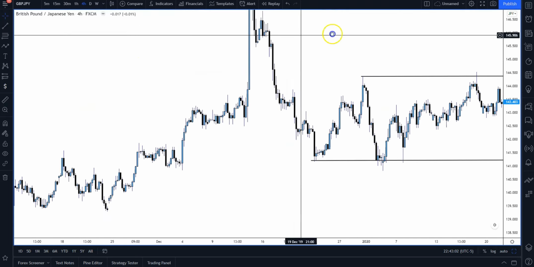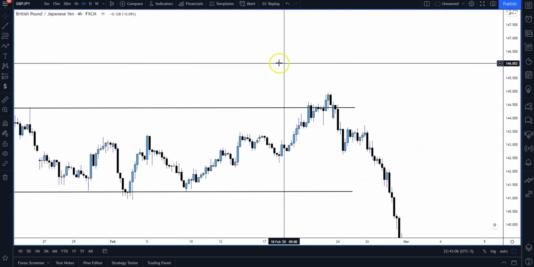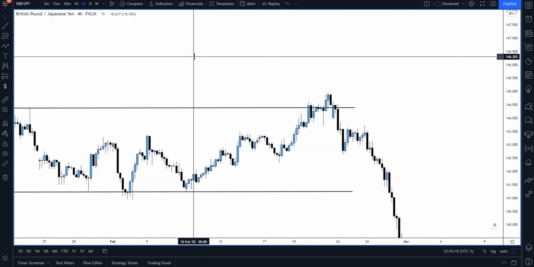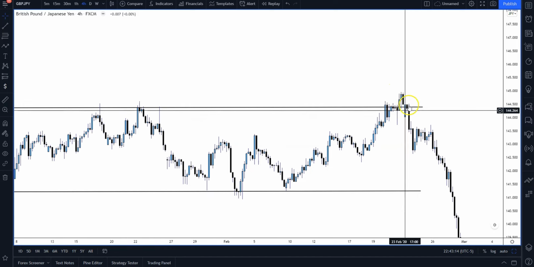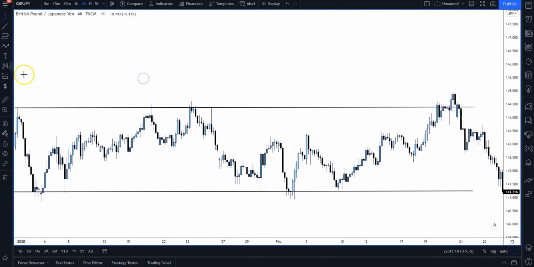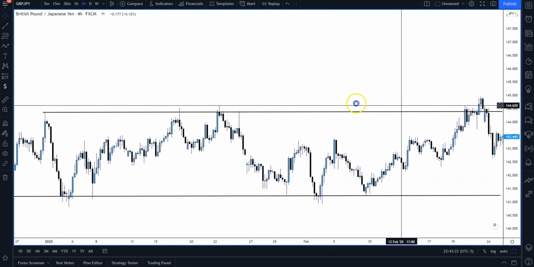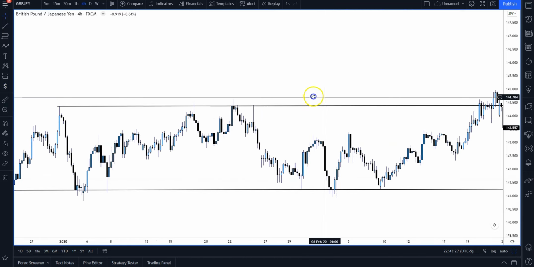I'll go more deeply into manipulation in the intermediate section as well, because that goes hand in hand with the institutional order flow. But this is basically a manipulated move to stop people out, or even to trigger buy stops, pending orders.